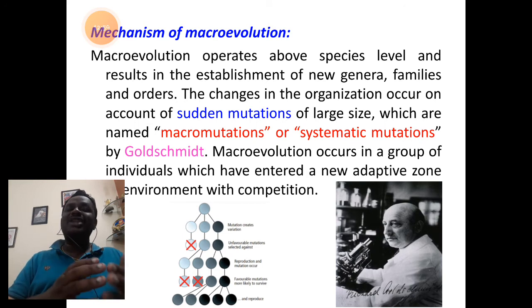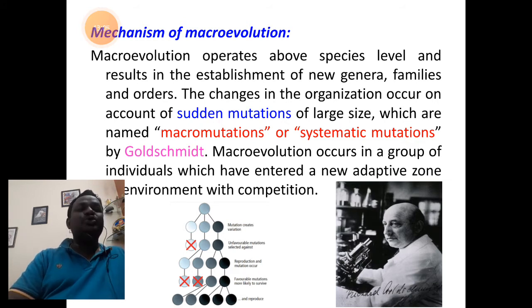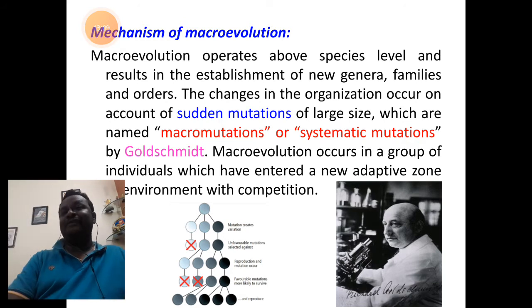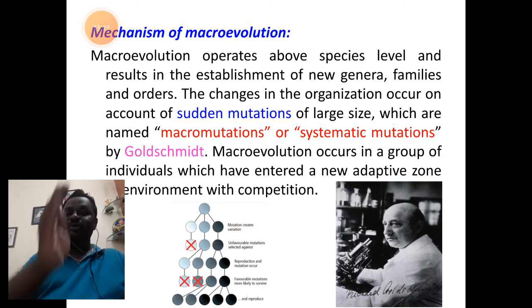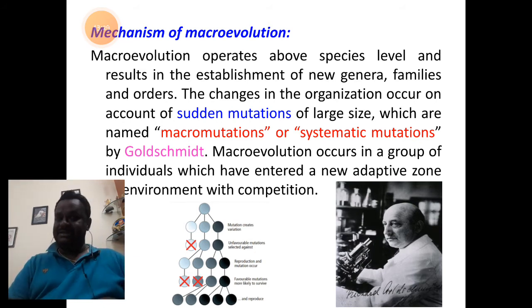When mutation occurs at a large size, we call it macromutations or systematic mutations. Students, remember, for macroevolution to happen in an environment, it requires macromutations or systematic mutations. And this concept was given by Goldschmidt. And here is the picture related to him and the concept of mutational change, how it brings in the newer characters in the group of individuals.